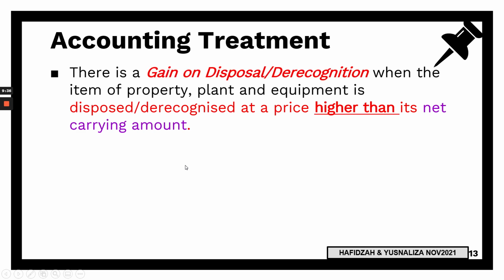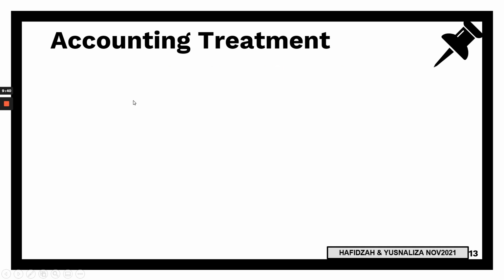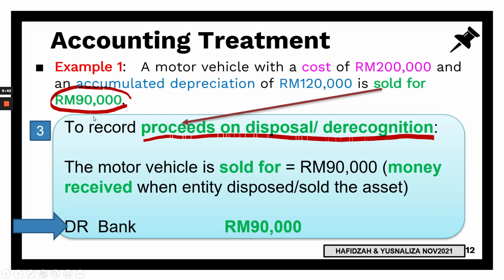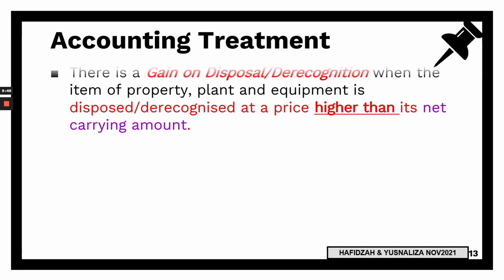The next one is to look at whether there is a gain or loss. In this case, there is a proceed of 90,000. First you need to check whether it is a gain or a loss on disposal. In this question, I'm trying to illustrate a gain. So a gain would happen if the carrying amount is less than the disposal proceed.